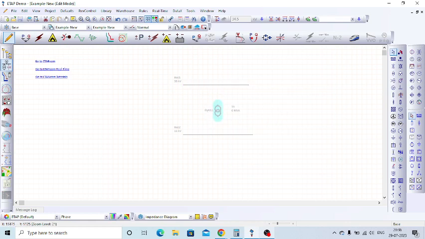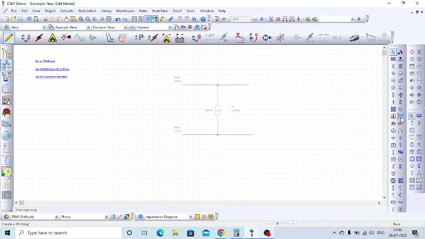For connecting any element, if you move the cursor to the equipment, the connection point will turn pink. That is the identification. If you click it and move towards the bus, that bus will also change color to pink. If you drop it there, it will connect automatically. It is a simple connection.